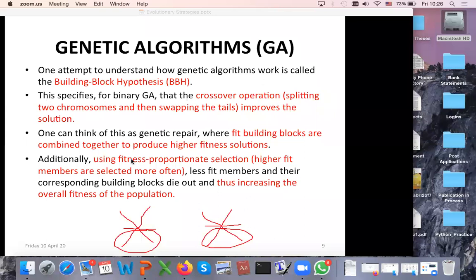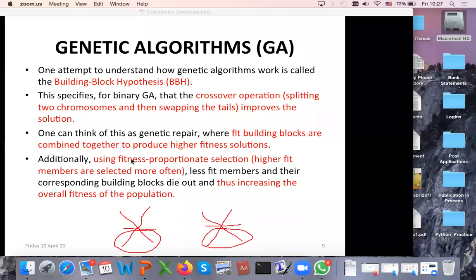And the advantage that we will get through this approach is that in our population, the fitness of the population or the fitness of members will increase again and again with the iteration of the genetic algorithm.